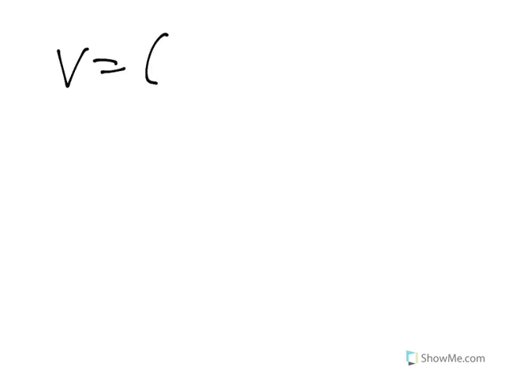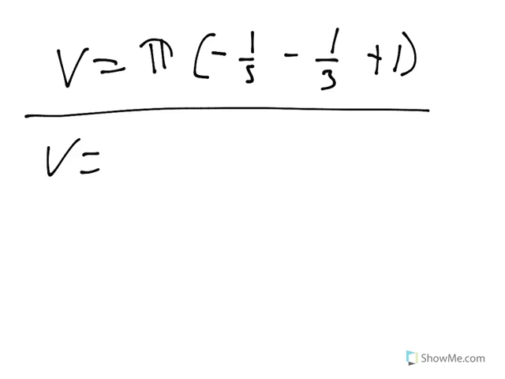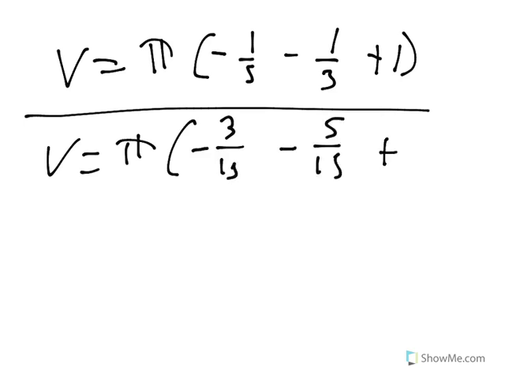Just do it real quick right here: 1/5, 1/3, plus 1. You find a common denominator, you get v equals pi. I'm pretty sure 15 is the common denominator, so 3 over 15 minus 5 over 15 plus 15 over 15, right?